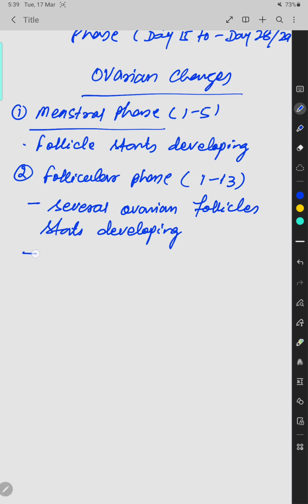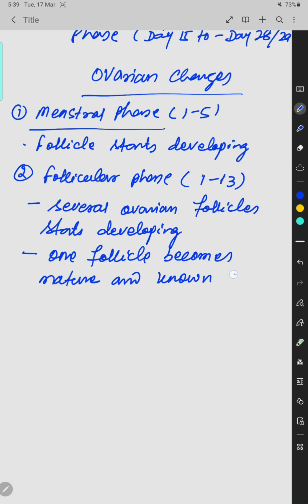Now so many follicles are developed, but out of them one follicle becomes mature and is known as the Graafian follicle.